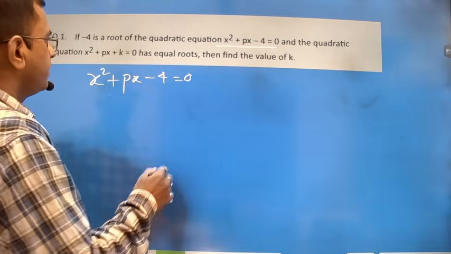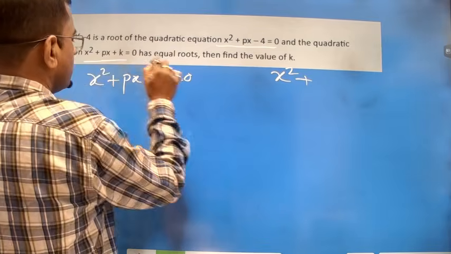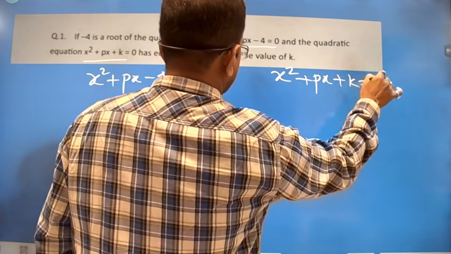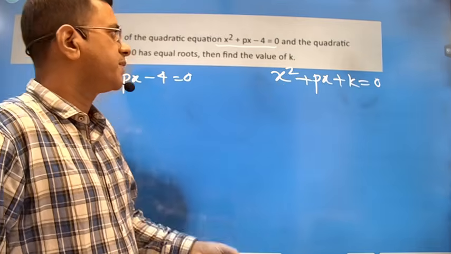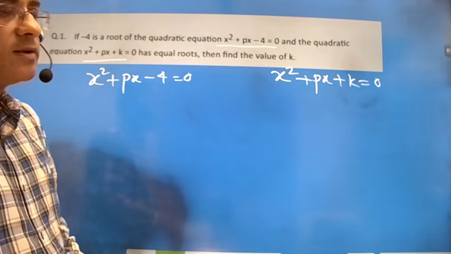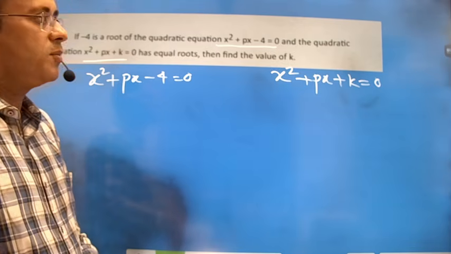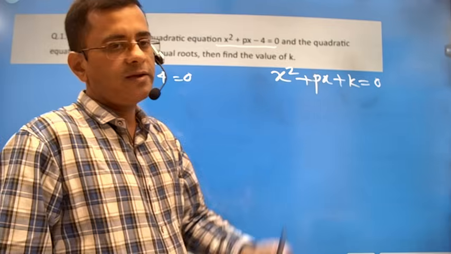Then another equation is given, x square plus px plus k equal to 0, in which the roots are equal. Both the roots are real and equal, so the discriminant will be equal to 0. Then you need to find the value of k.